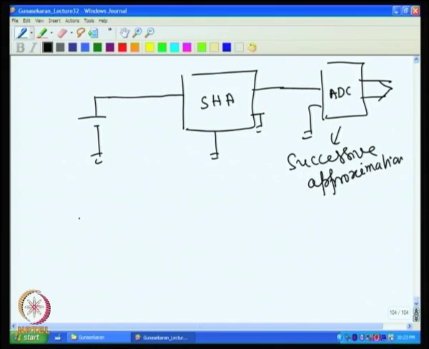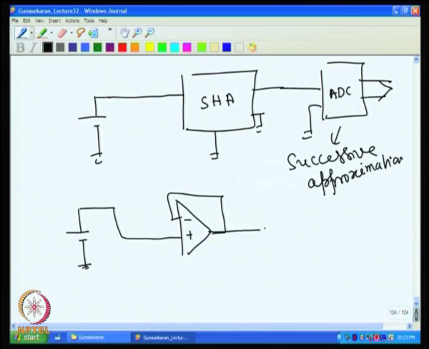If we see the detailed circuit of this, you have an input voltage given through an amplifier. We want to charge the capacitor. One possible circuit is that we can have a very small capacitor connected here and put at the output.